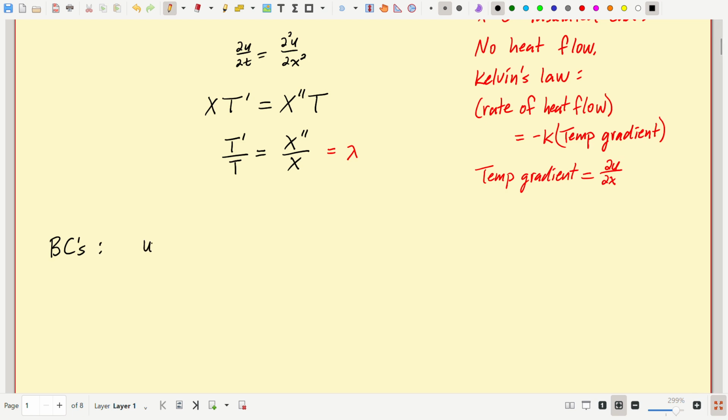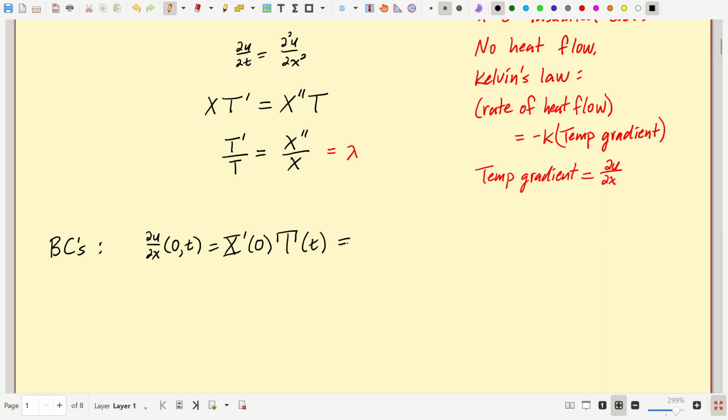We have du/dx at x equals 0 for all time. Differentiating with respect to x would give me X prime of 0 times T of t.